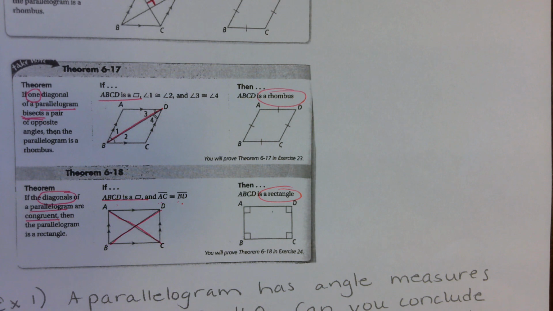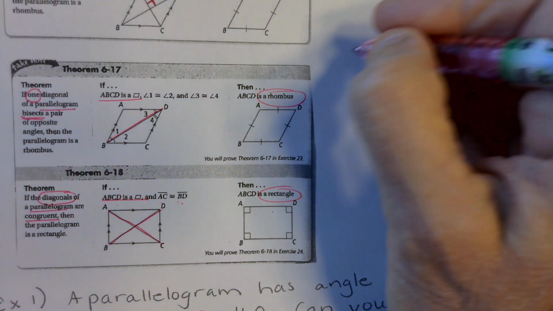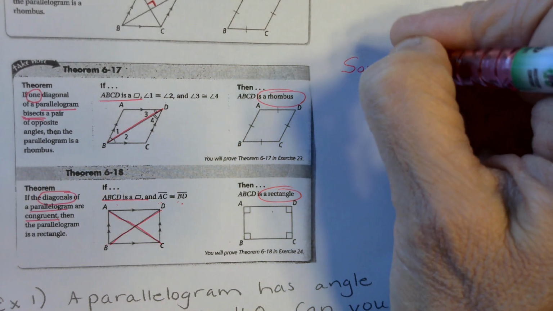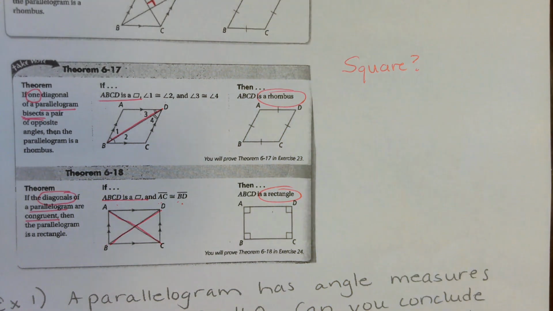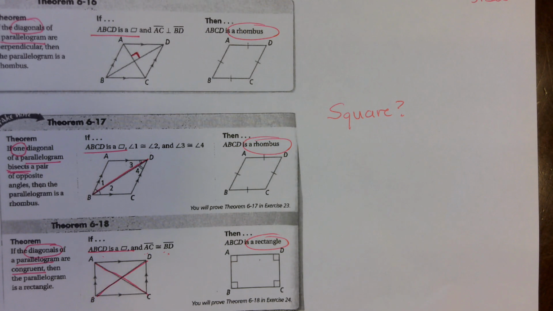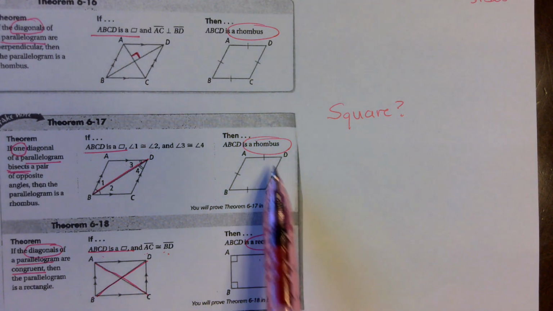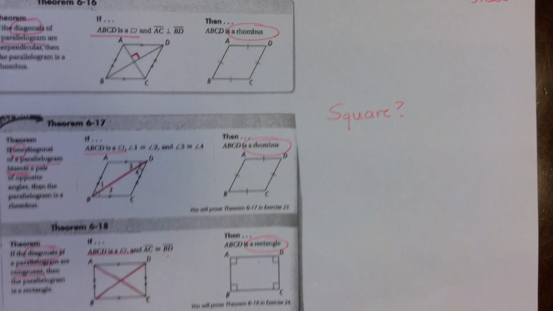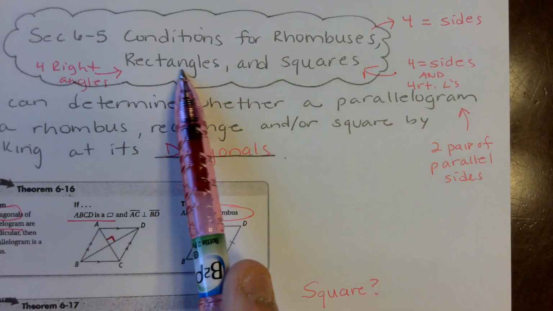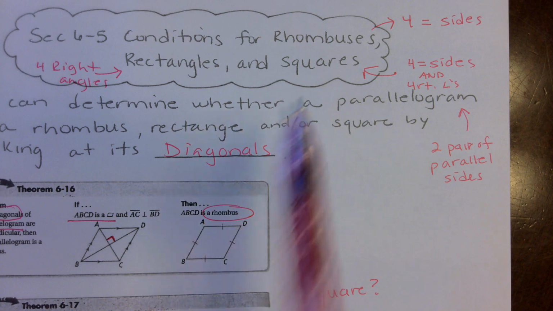So my question is, how would you know if something then was a square? None of these, and this is only 3, we don't have like 14 of them today like we did a couple days ago. None of these say that you'll get a square. This one says you'll get a rhombus, this one says you'll get a rhombus, and this one says you get a rectangle, but our title was Conditions for Rhombuses, Rectangles, and Squares.